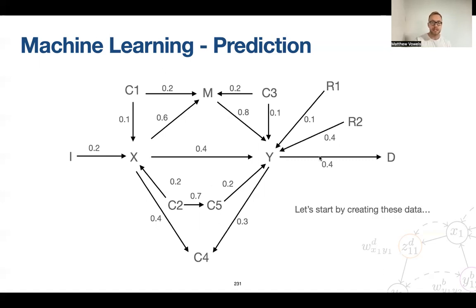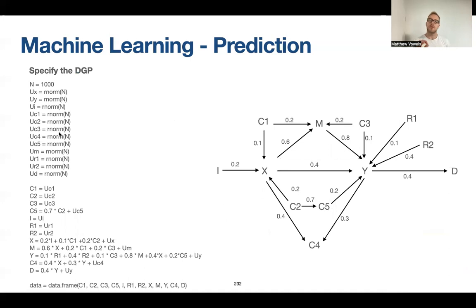So let's start off by creating these data. If you're not comfortable with simulating data yet, I do encourage you to pause the video, make sure that you can read through this code here and check that indeed the code reflects the structure. I may have made a mistake, and you feel free to point that out. I've checked it through, so hopefully there aren't any mistakes. So I essentially generate all the random noise for each of these variables.